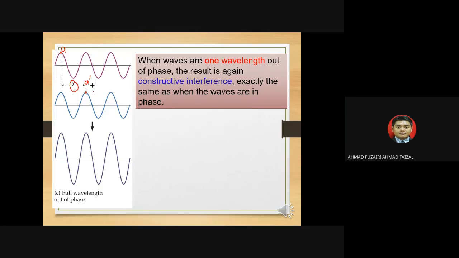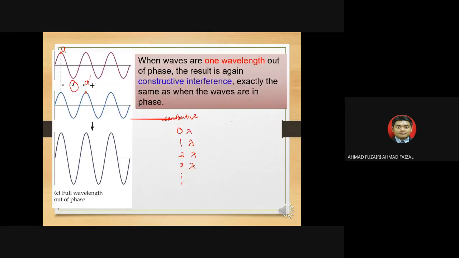So meaning that A prime is one wavelength different from A. So for constructive, zero wavelength is zero phase difference, one wavelength, and then we can also predict that for two wavelengths, three wavelengths, and so on, these numbers will give you constructive interference.